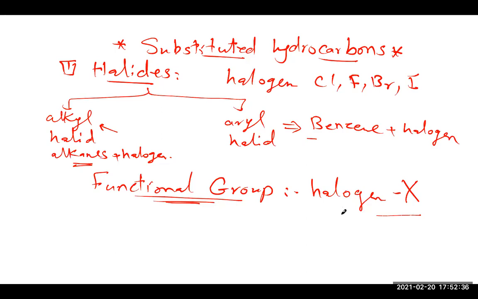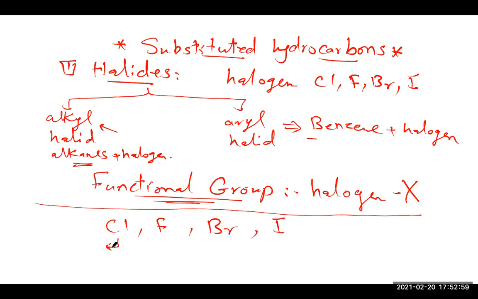The most important thing to name these compounds, and actually it will be the same rules, is that we need to identify the longest chain. We need to give the substituent the lowest number, and the substituent here will be Cl or F or Br or I. To write the name of each one of them, we'll make just a replacement. For chlorine, it will be called chloro.